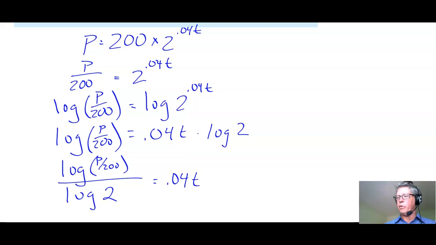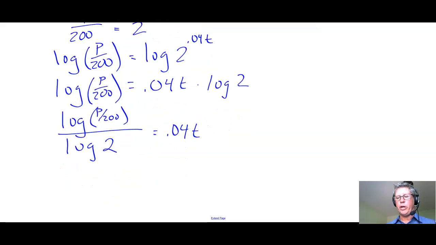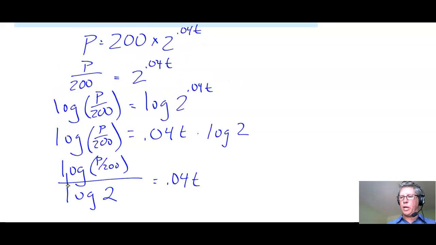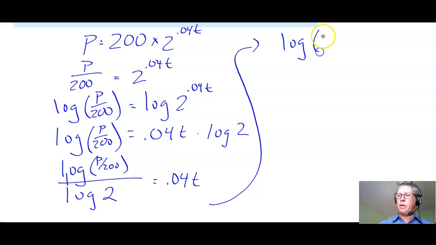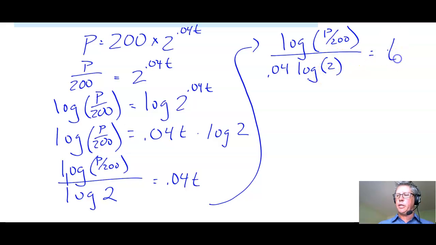And finally, I'm going to divide both sides by 0.04. So I get log of P over 200, over 0.04 log of 2, equal to t.